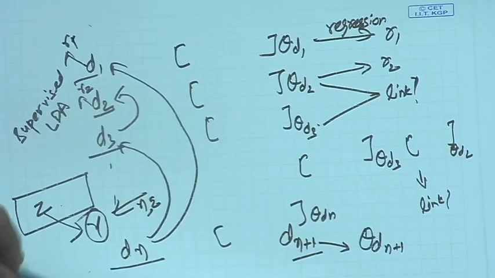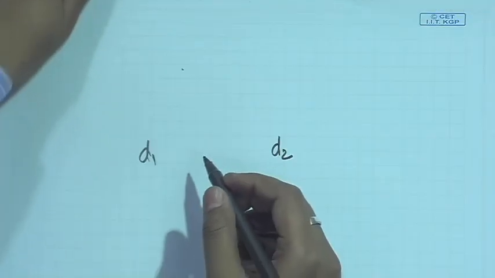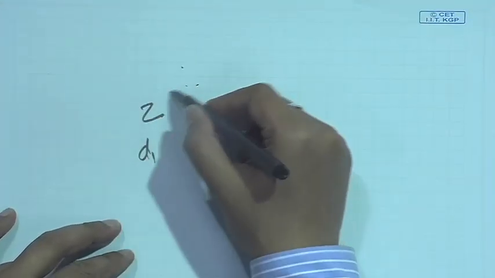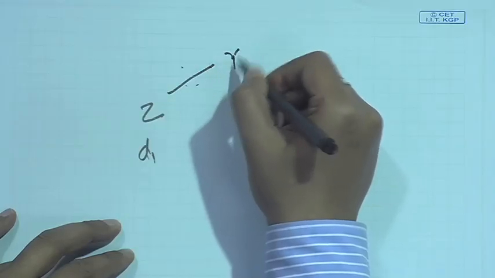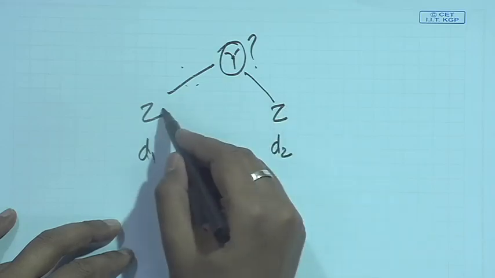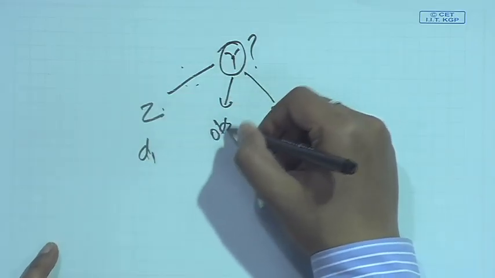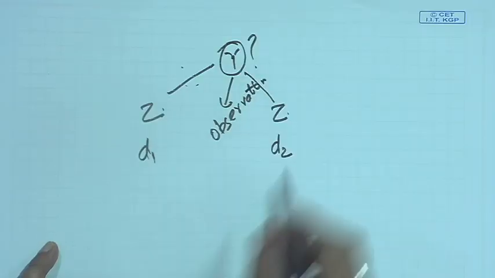So, what we can do here, we can say that I have document D1, I have document D2. Now, this will have some Z, this will have some Z. Now, can I model whether they will link to each other given their individual topics, and this can now be an observation inside my model. Okay. So, this is the idea.